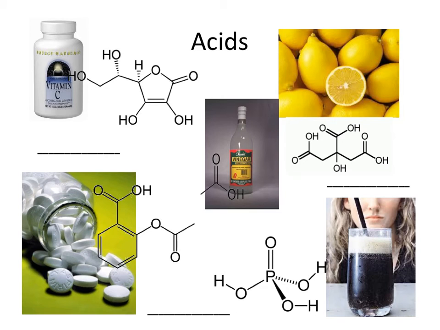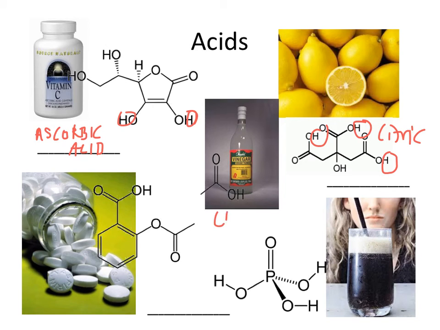We have vitamin C, which is ascorbic acid, and the acidity comes from these protons. You have citric acid. So here's a proton, here's a proton, there's a proton. So citric acid obviously comes from citrus fruit.